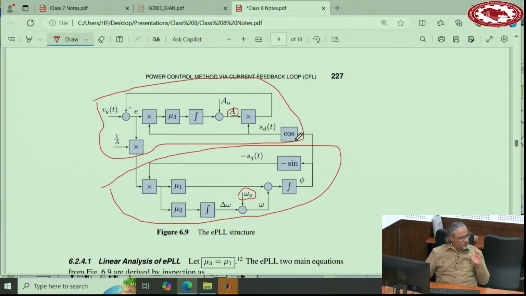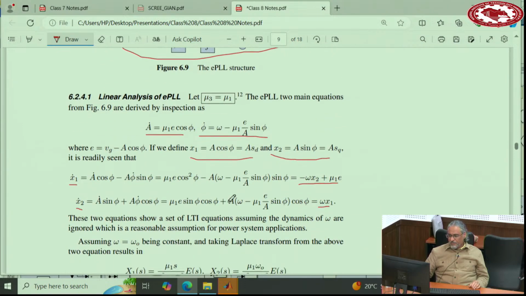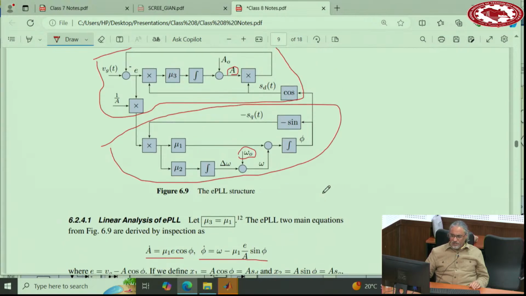We proved that under these simple conditions, if mu3 is equal to mu1 and mu2 is 0, and frequency is 60 or 50, which is reasonable, it's a good approximation, that becomes completely linear. And by the way, this division is very important to bring it to this condition. And this is what we added. It was not there. So by adding this division, we linearized the PLL.